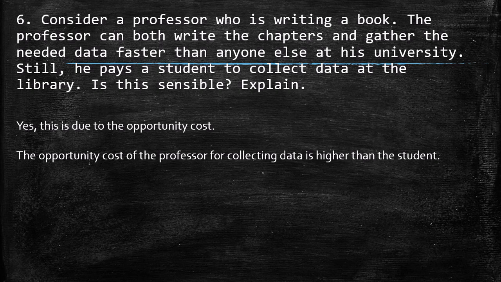In exchange, he can put someone with a smaller opportunity cost in order to collect the data, even if that person is slower than the professor, because of the opportunity cost.